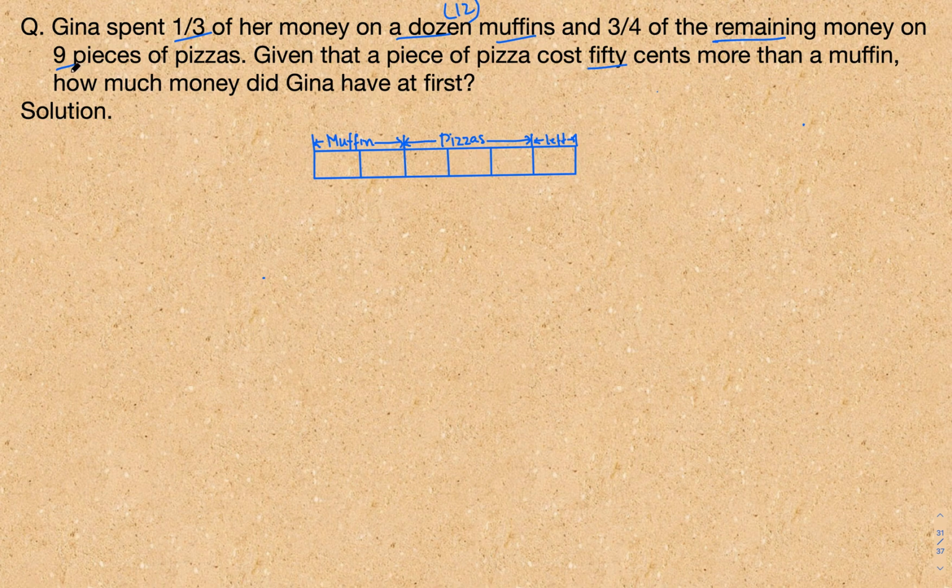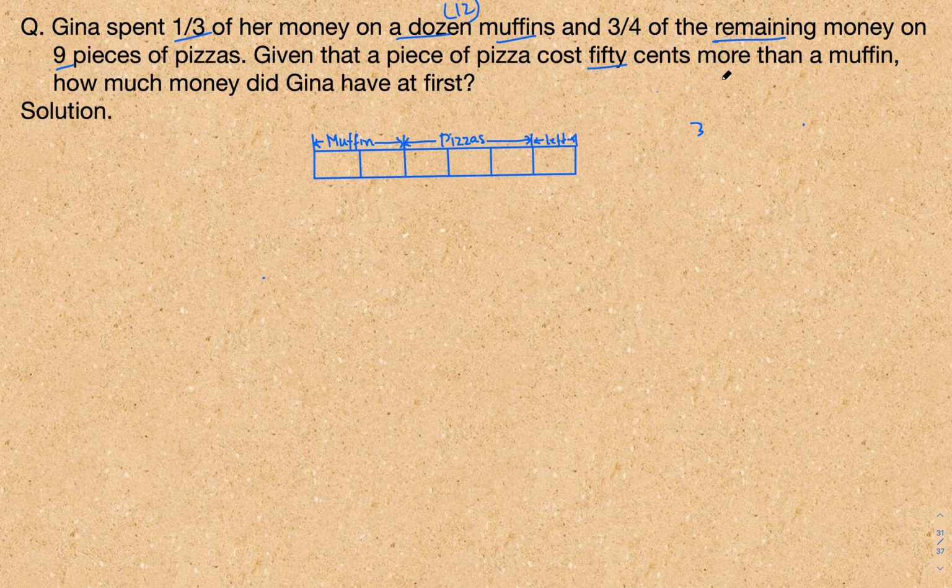See, what we have here is 9 pieces. She has bought 9 pieces of pizza. So this 3 units is spent on 9 pieces of pizza. Let's write it, maybe we get something from here.